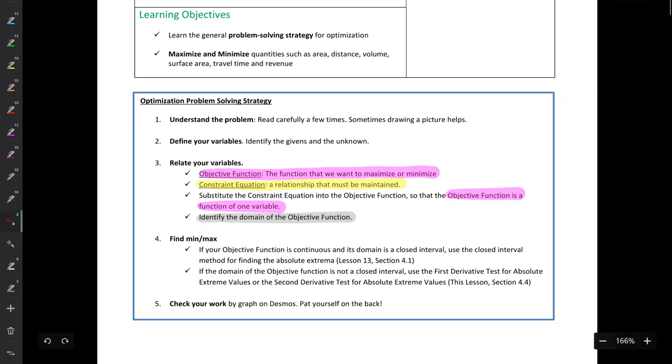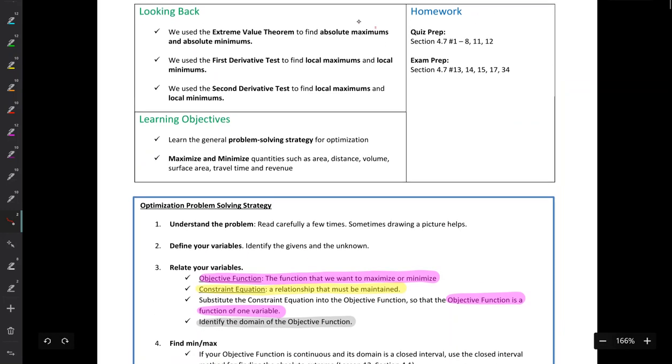So now we're looking at our objective function, and if we know the domain is a closed interval and the objective function is continuous, then you can go ahead and use the closed interval method for finding absolute maxes and mins. That is just a result of the extreme value theorem, right? Right up here.